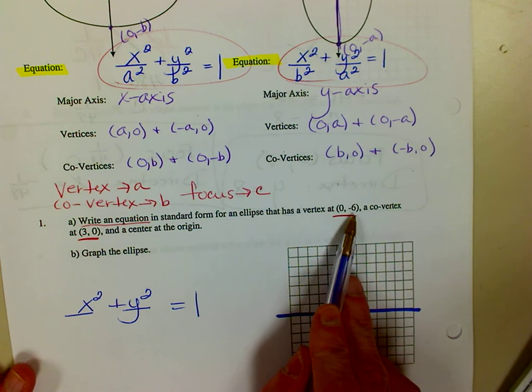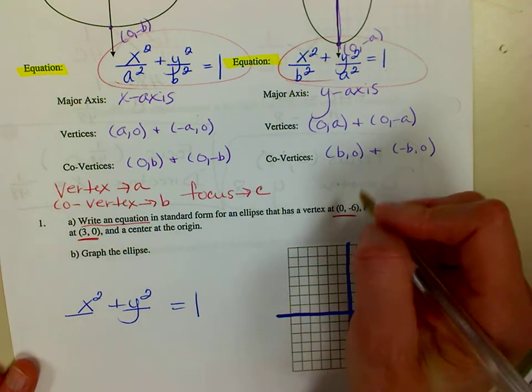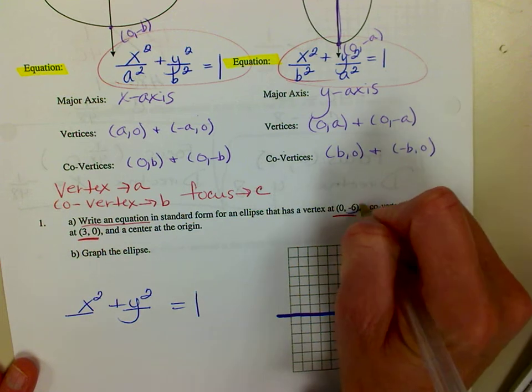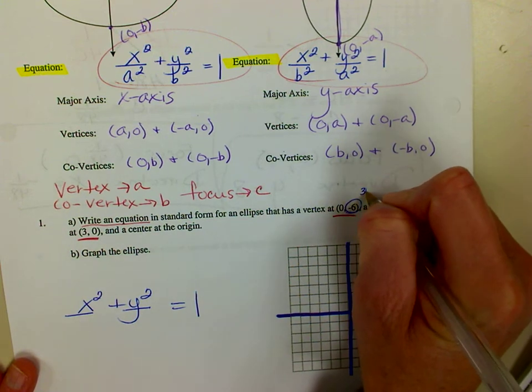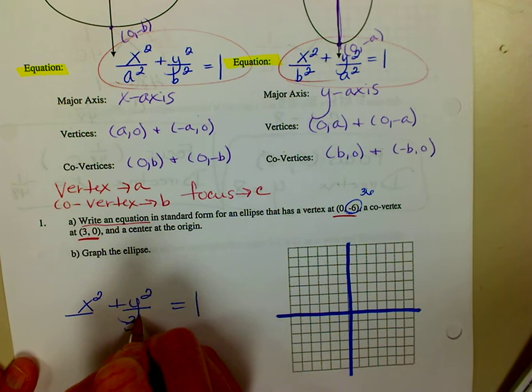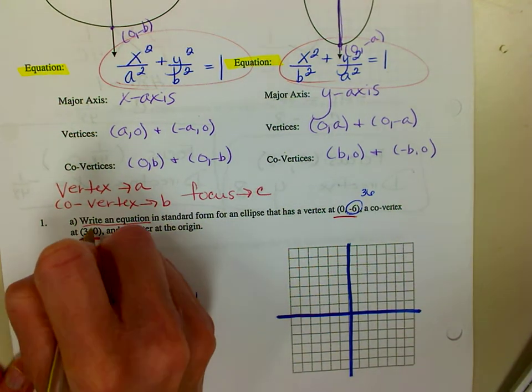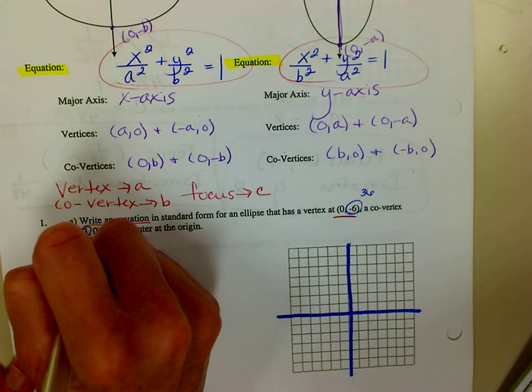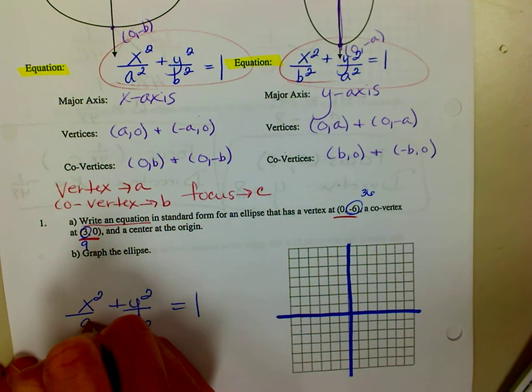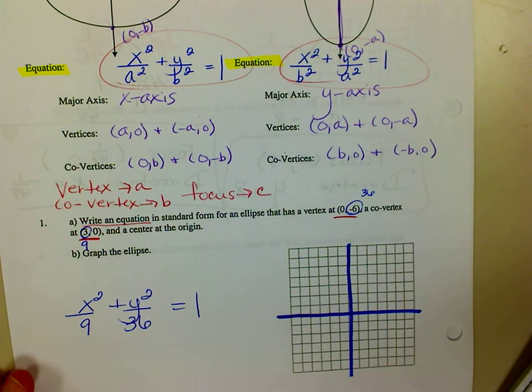Since negative 6 is in the y spot, I'm going to square that and make it 36. That's going to go under here. Since this number is in the x spot, I'm going to square that and put it under x squared.